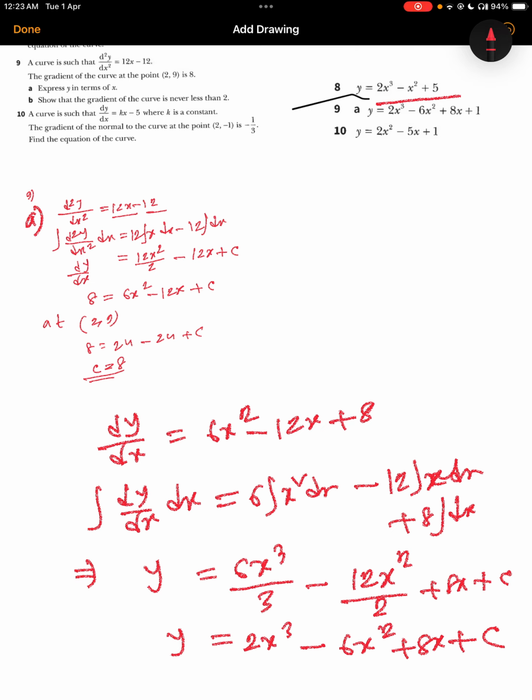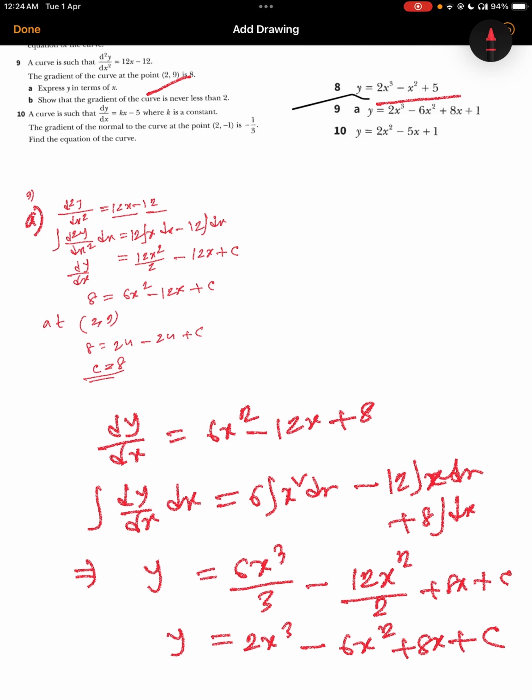Express y in terms of x. Why did I make a mistake here? Now I have to find out the value of c. How do I find out the value of c? The graph is also passing through the point (2, 9), because it's a point on the graph.